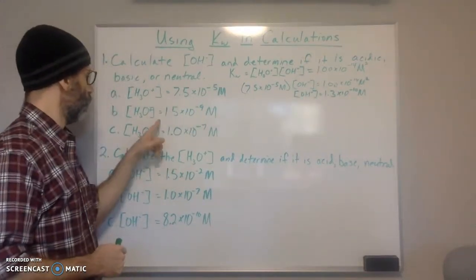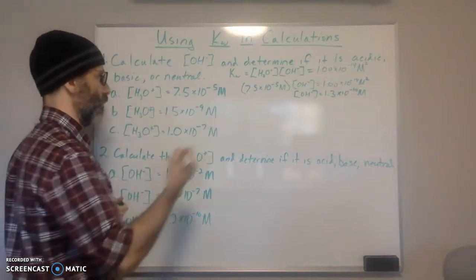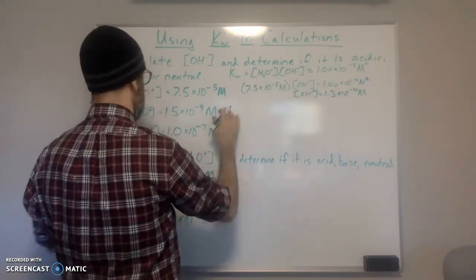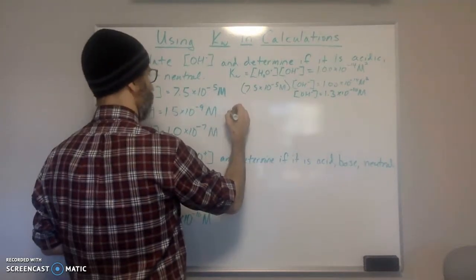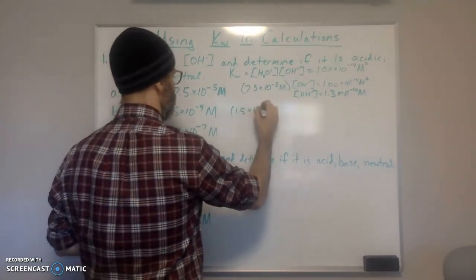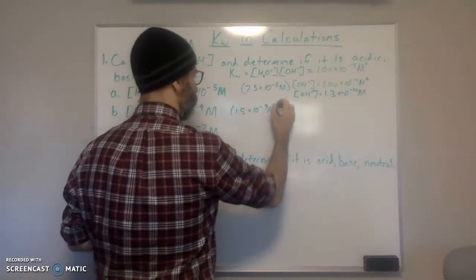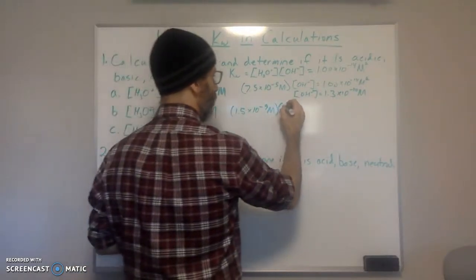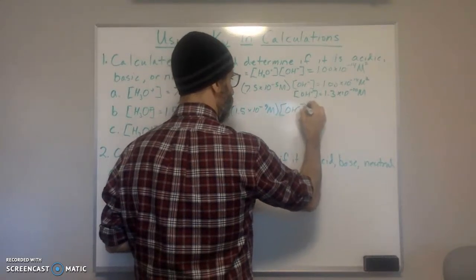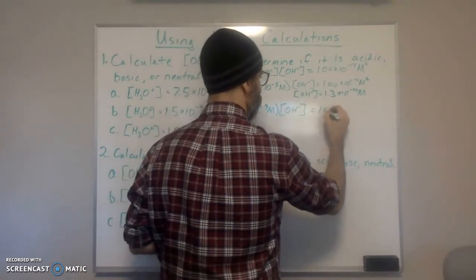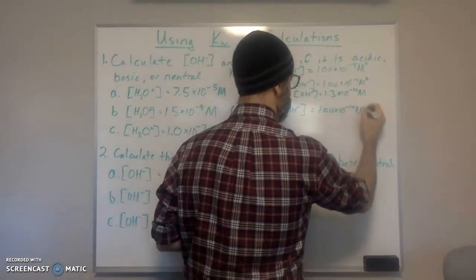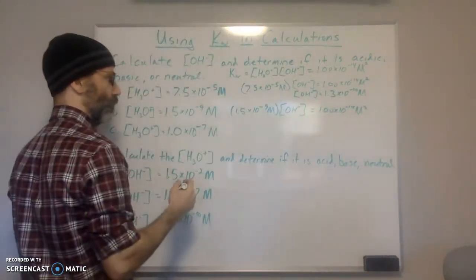All right, so what about this one? Same thing. All we're going to do is plug into this equation 1.5. So here we have 1.5 times 10 to the negative 9 molar times the OH minus concentration equals 1.00 times 10 to the negative 14 molar squared.